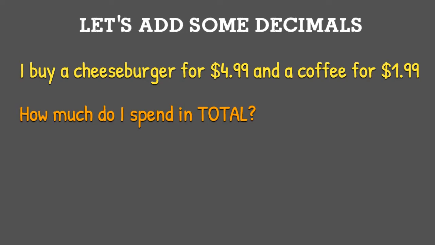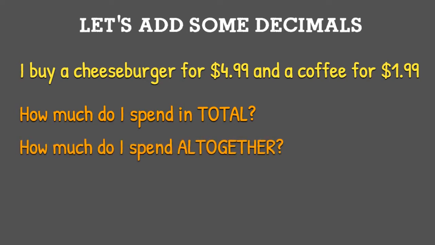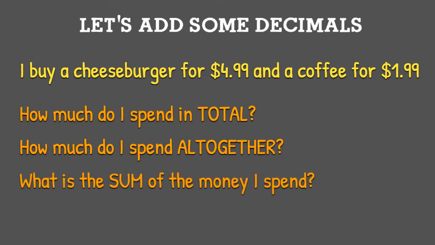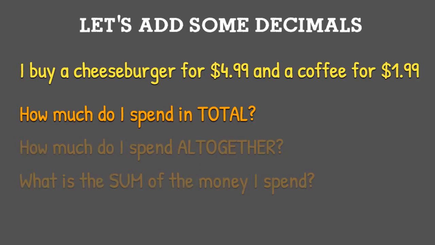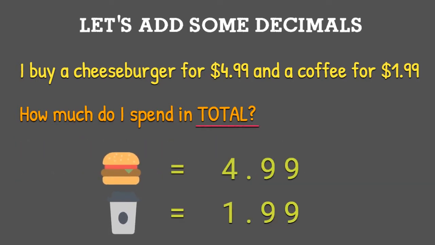I could also be asked, how much do I spend altogether? Or maybe, what is the sum of the money I spend? Although that last question is a little bit strangely worded, still, total, altogether, and sum mean that I am being asked to add the two values together. So here are the values of the coffee and cheeseburger put into a standard addition algorithm.